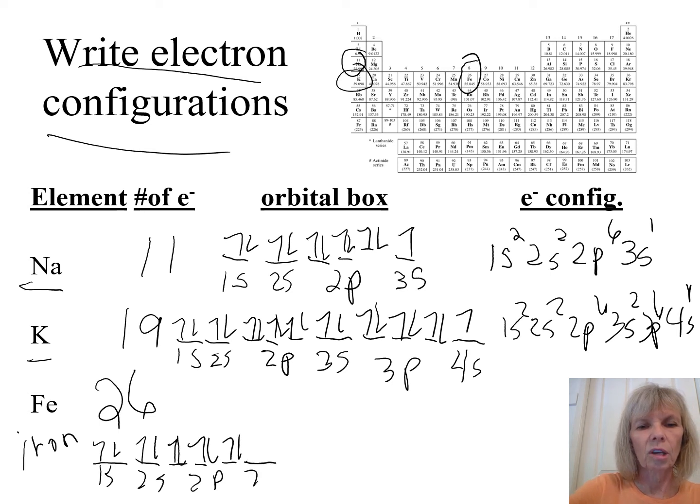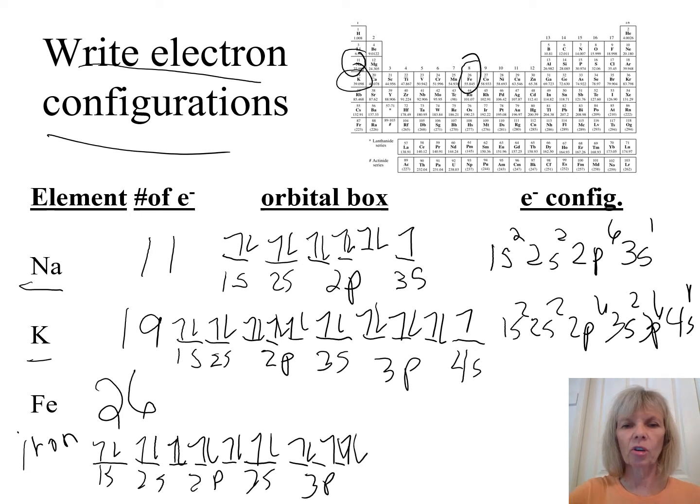Then comes 3s. Then we have 3p with 6 electrons, 4s with 2 electrons, we're at 20.